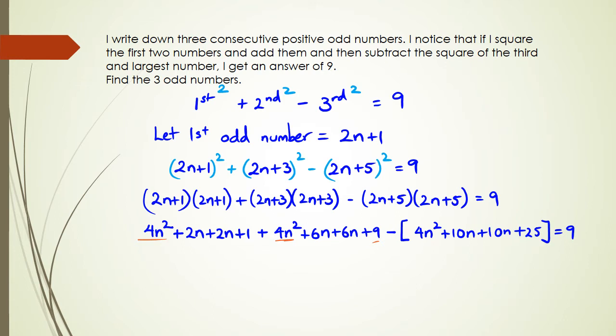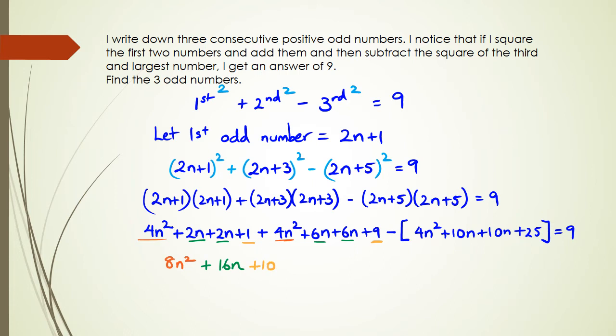I've got 4n squared and 4n squared, which makes 8n squared. Next, 2n plus 2n is 4n, plus 6n plus 6n, so we've got 16n. Then we have our numbers, 1 and 9, so that's plus 10.